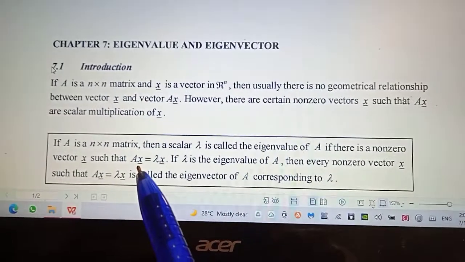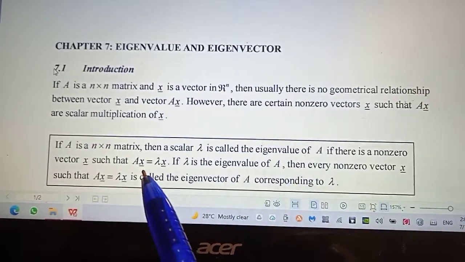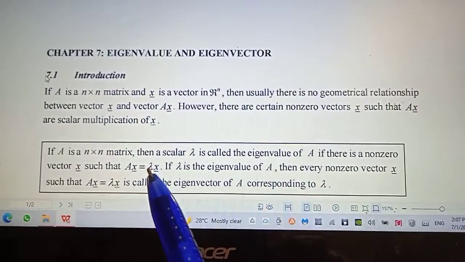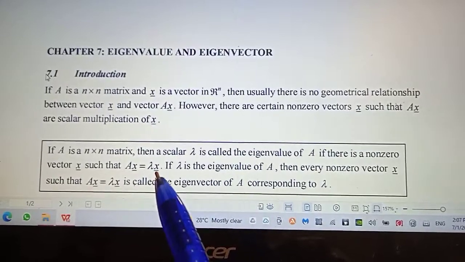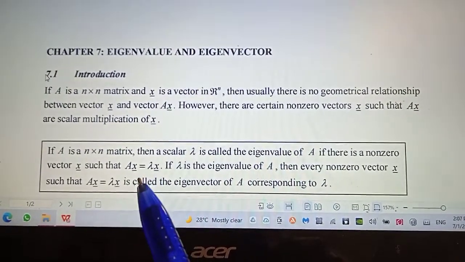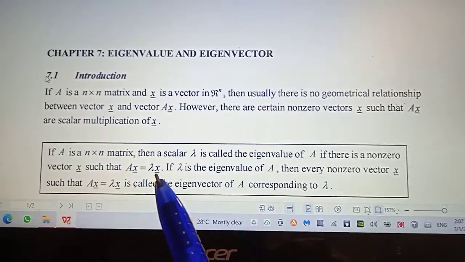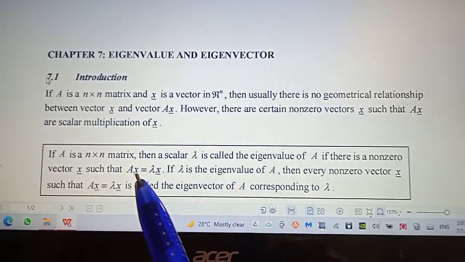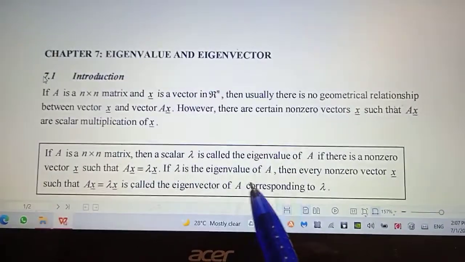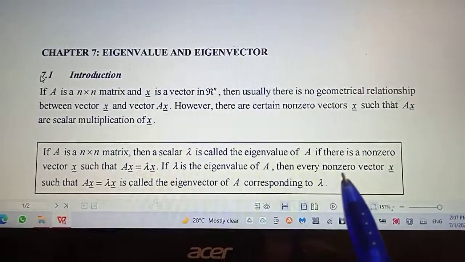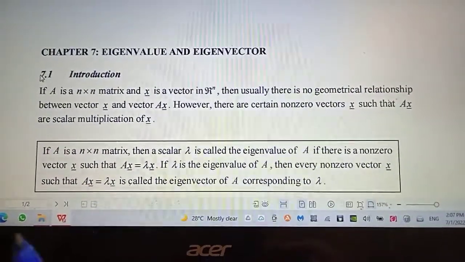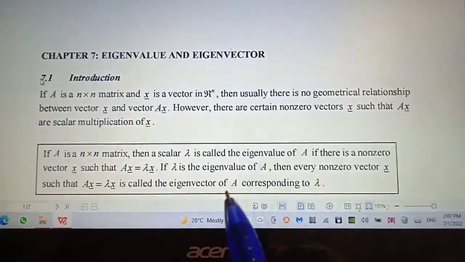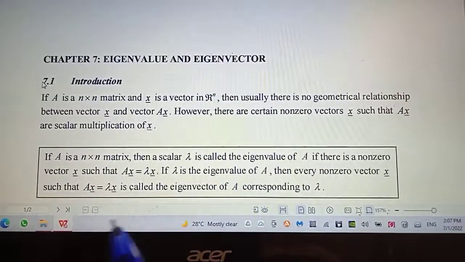A is a matrix multiplied by vector x, and it is equal to lambda, a scalar, meaning only a single value, multiplied by the same vector x. So we want to find the corresponding scalar that represents matrix A. If lambda is the eigenvalue of A, then every non-zero vector x such that Ax equals lambda x is called the eigenvector of A corresponding to lambda.